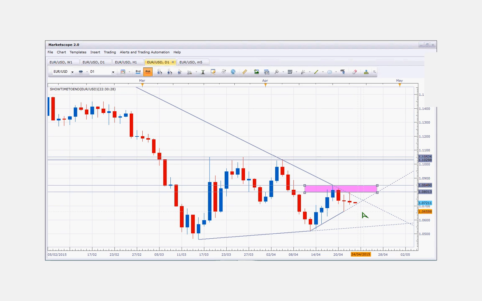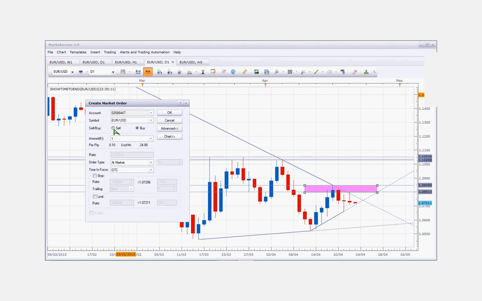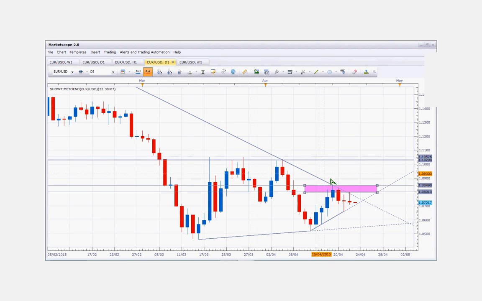Okay, so based on the theory that you've given us, short it for me, please. Right now? Okay. Yes, please. Haven't seen the lower time frame, and for the stop, I would put my stop here.